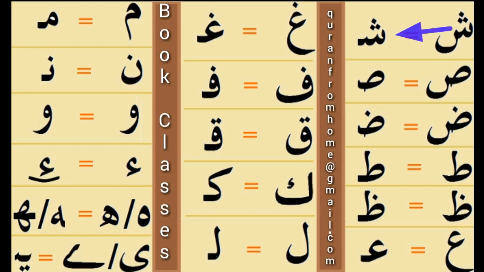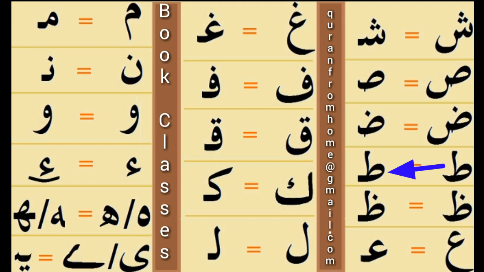This is a small sheen. A small swad looks like this, just the head of the swad and no body. A small thad looks like this. This is a small ta.